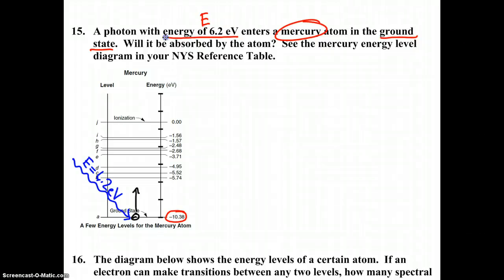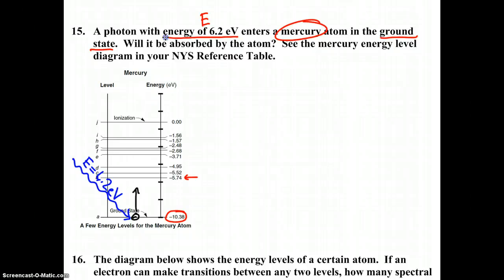Likewise, as we take a look at the rest of these numbers up through here, none of them match 6.2 electron volts. So, the only way that this photon gets absorbed is if the electron transitions from the ground state, A, up to a higher energy level, B, C, D, somewhere where the exact energy level difference between those two is 6.2 electron volts.